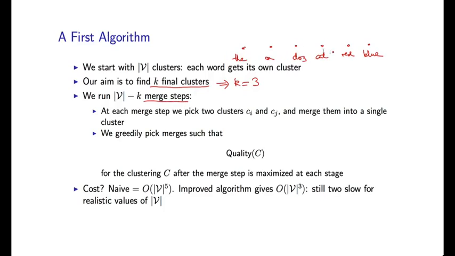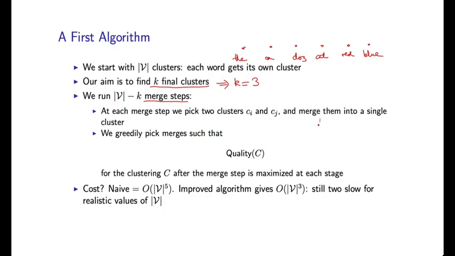Each time, so we start off with this partition here, I can consider all possible pairs of merges. So I could consider merging V and A into a single cluster, or V and dog, or V and cat, V and red, V and blue, or A and dog, A and cat, A and red, A and blue. So I can consider all possible pairwise merges.